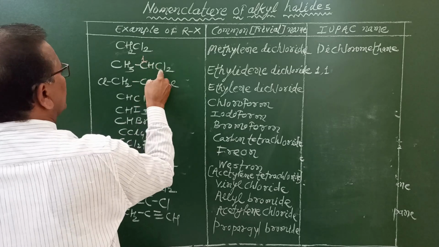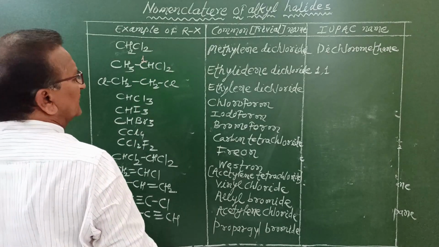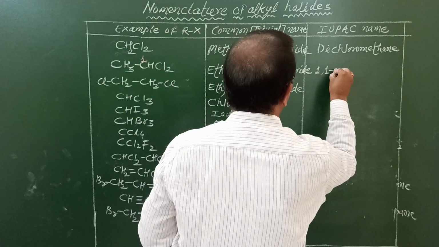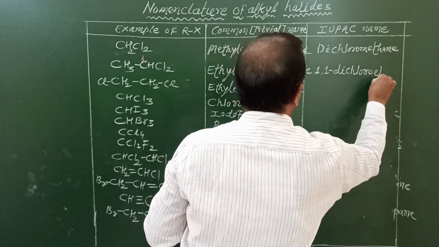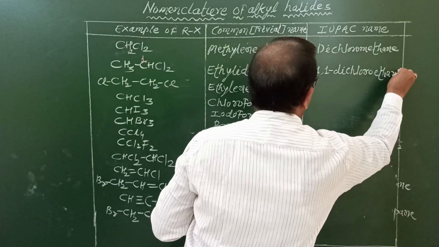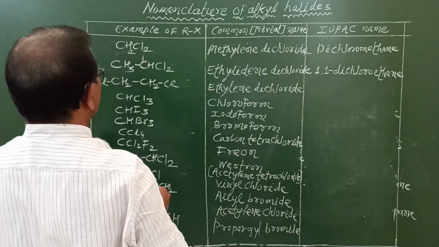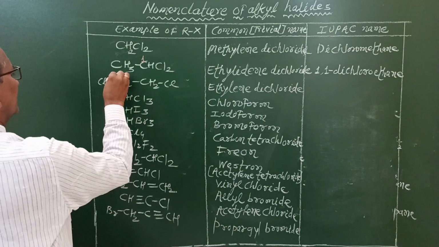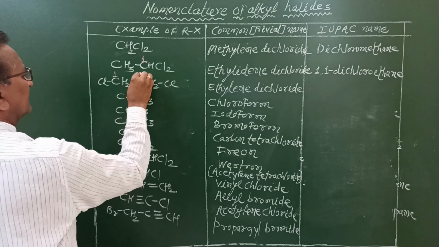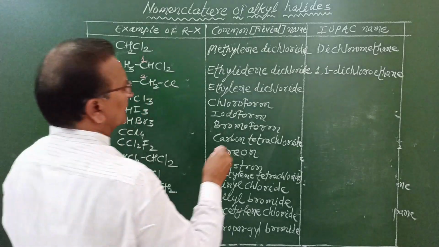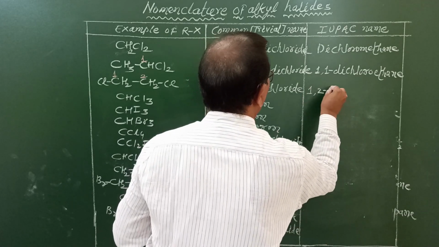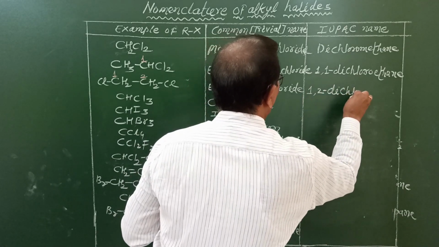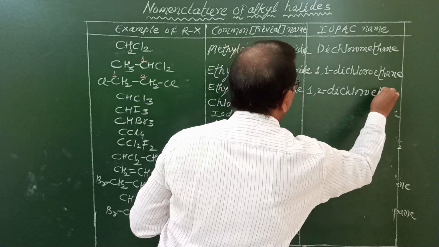Since 2 chlorine atoms are bonded to this carbon atom, 1,1-dichloroethane. Next one, we can number either from this end or from this end, so what about positions? 1,2-dichloroethane.